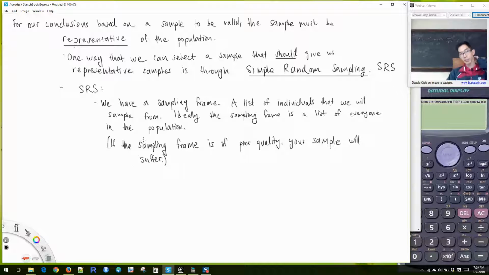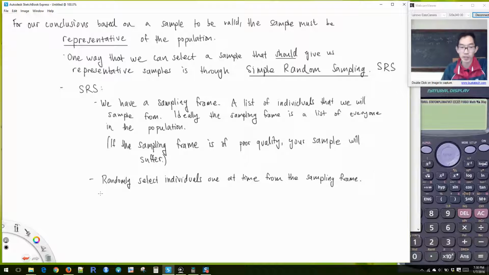But ideally, you have the sampling frame, and it's a list of every single person in the population. And so simple random sampling is very simple. You just randomly select individuals one at a time from the sampling frame.